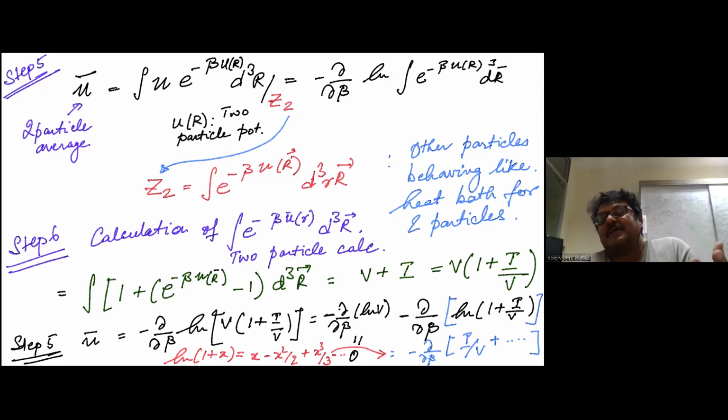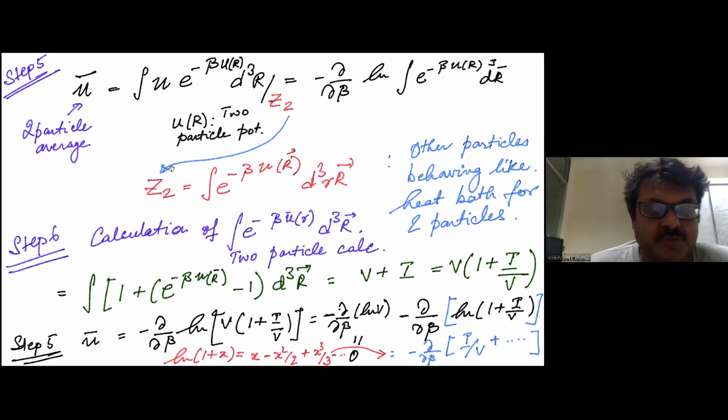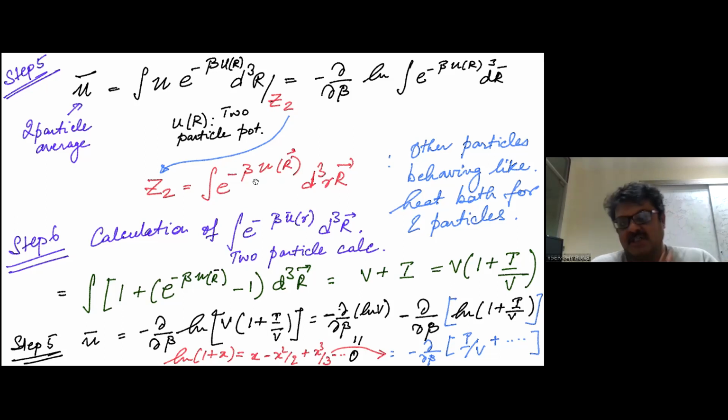But then the potential will be infinity, so e to the minus infinity will be 0, and it will have no contribution to Z2. So it's just whatever potential you have, which is the Lennard-Jones potential or the modified Lennard-Jones potential, that you put in here, and that will give you the two-particle pair partition function.